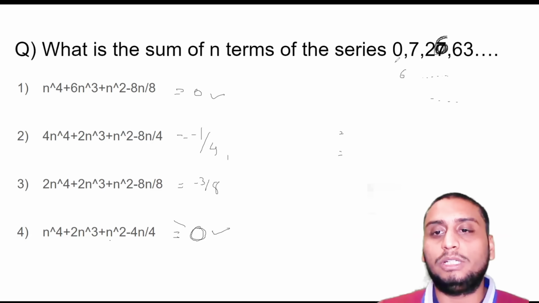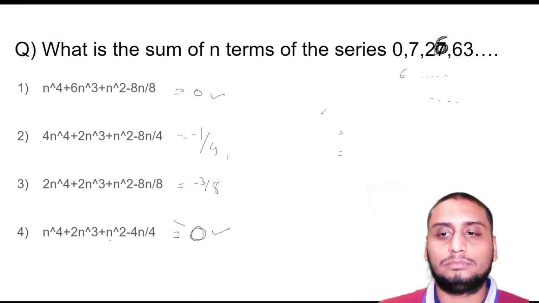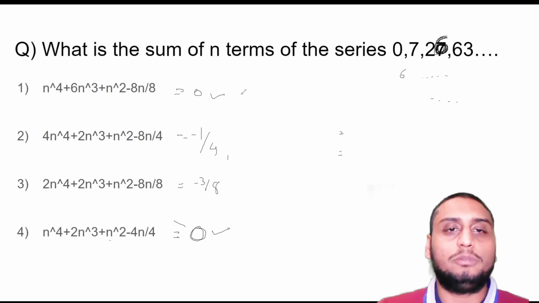Now, what is the sum of two terms? First is 0. First is not 8, Abhishek, first is coming out to be 0. Yes, the sum of two terms is 7. Let us put n equal to 2. So this would be 16 plus 6 into 2 cube, which is 8, so 48, plus 4 minus 8 into 2 is 16, by 8.